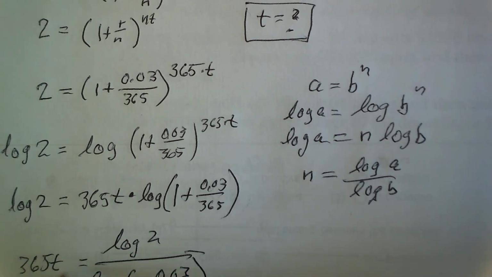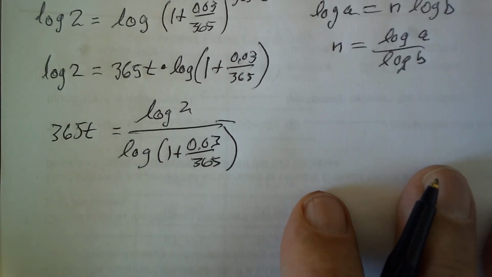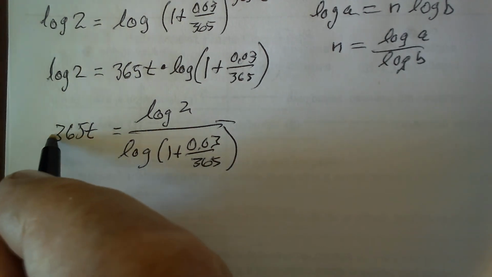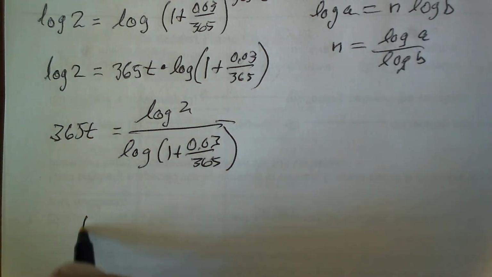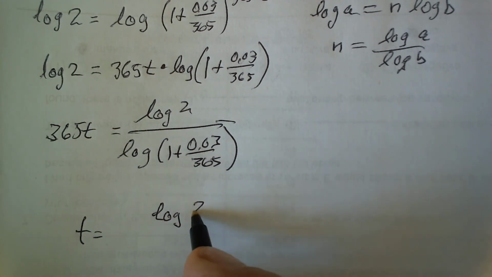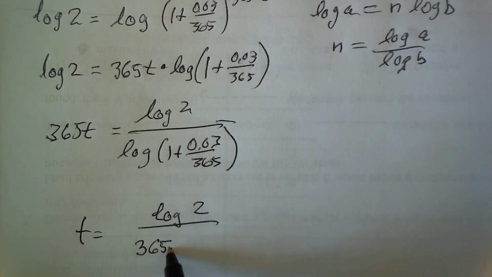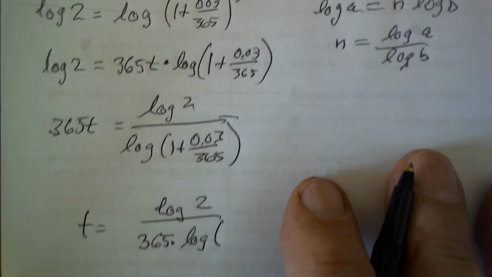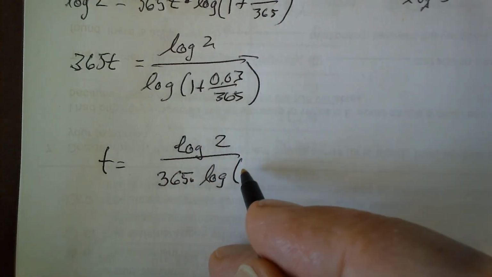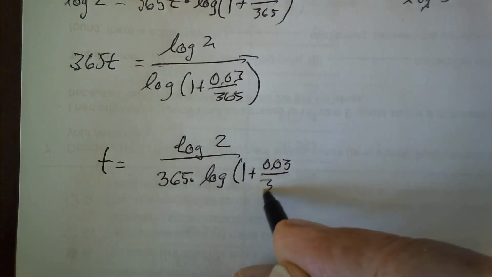And then finally we divide both sides by 365 to isolate t in this expression. So we have t equal to the log of 2 divided by 365 times the log of 1 plus 0.03 divided by 365.